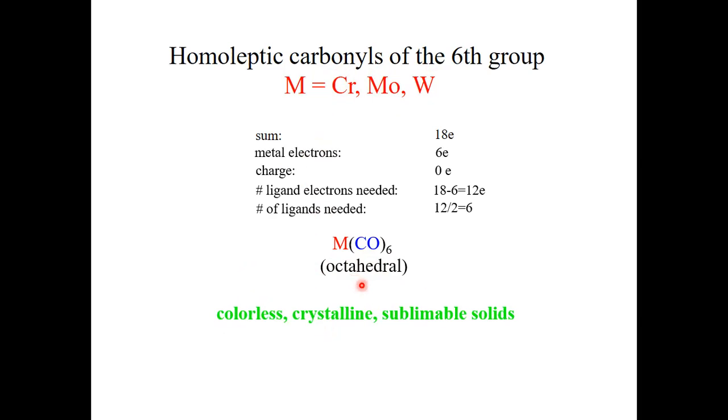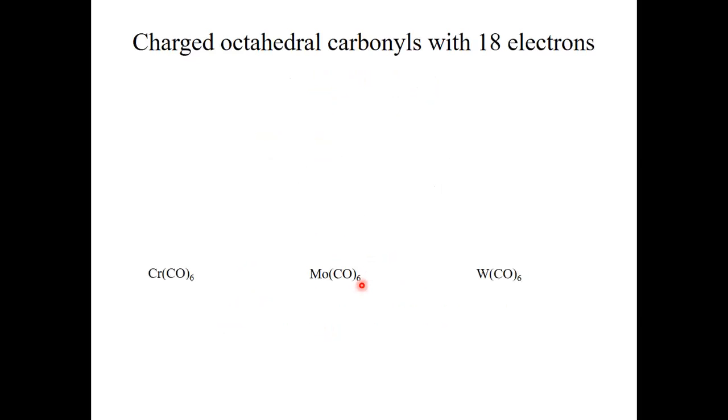So now let us ask, how could we realize other octahedral carbonyls with 6 CO ligands with elements other than chromium, molybdenum, and tungsten? So now we could, for instance, go to the left in the periodic table and go from the chromium to the vanadium.